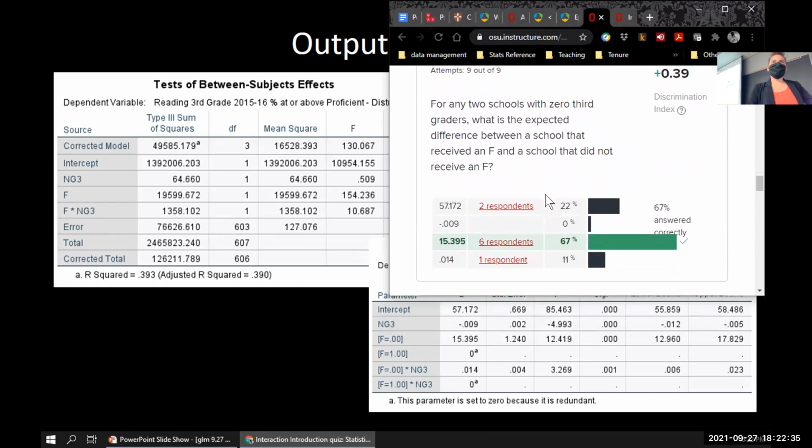And now this one, two schools with 0 third graders. What's the expected difference between a school that received an F and a school that did not receive an F? I'm looking for the difference here. This here is the intercept, 57.172, so that's not about a difference between anything. This is an expected outcome.